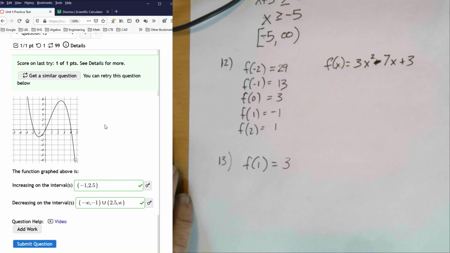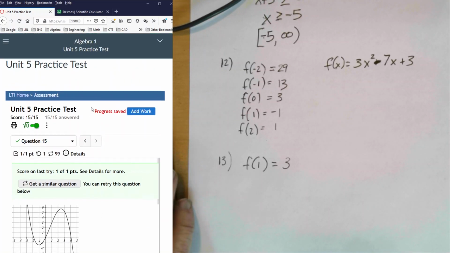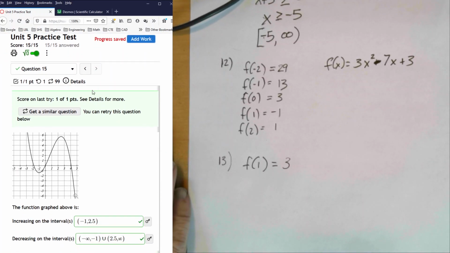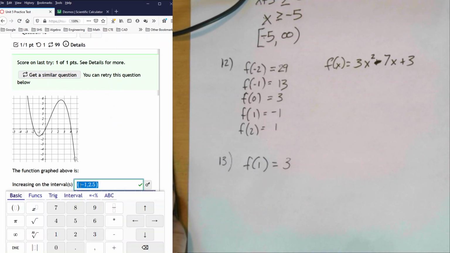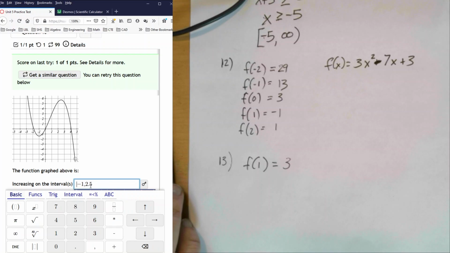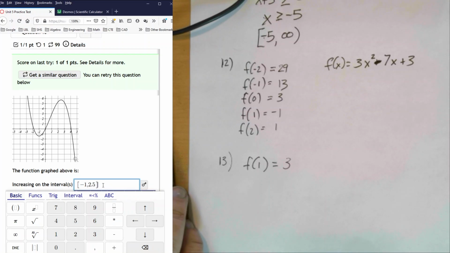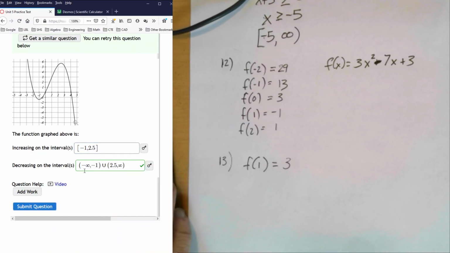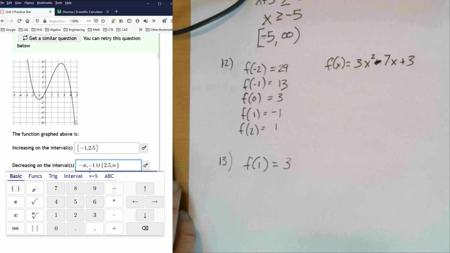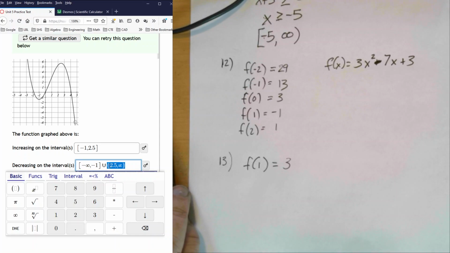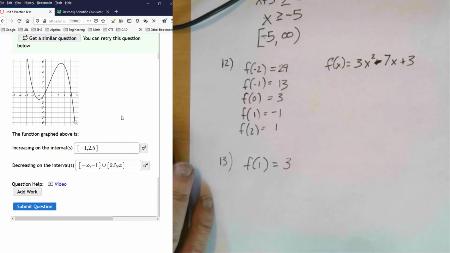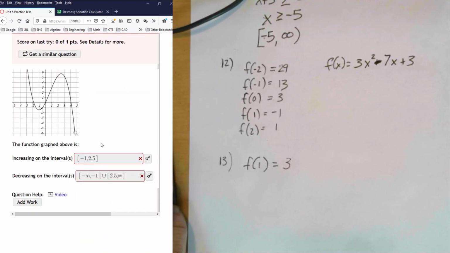Okay, next question. Ah, that was the last question. So we can actually check this. If we put square brackets there and there, and then we submit that, it should mark that wrong, okay?